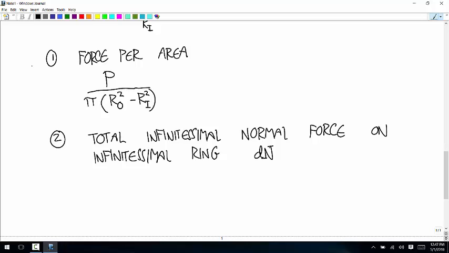The thing I don't like about that is that force per area is actually a pressure, so it'd be sort of nice to use the P there, but I just use the same thing the textbook did. Okay, so the total infinitesimal normal force, dN, is just equal to the force per area times the area of that infinitesimal ring. So that's P over pi times the quantity r outer squared minus r inner squared times dA.